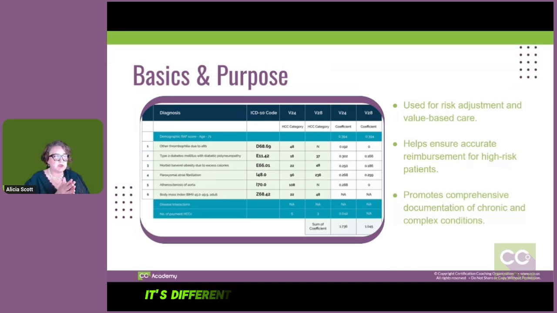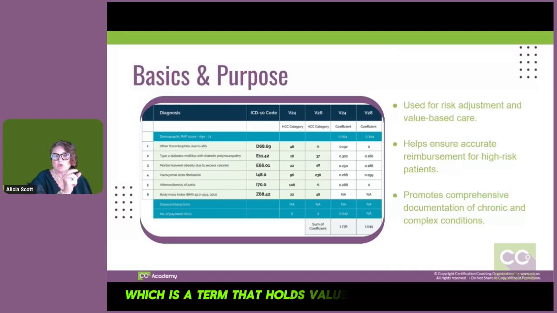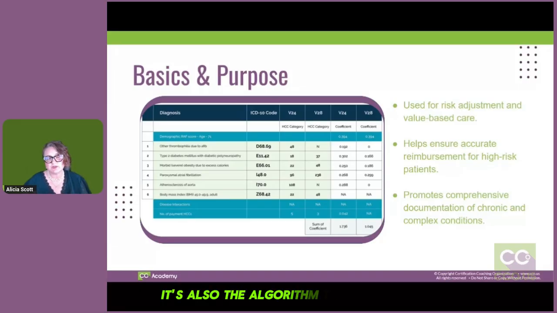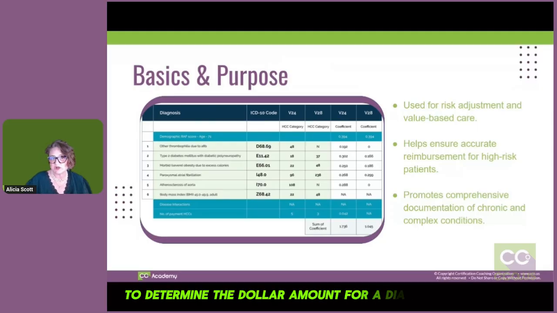It's different. So it's not just the HCCs, which is a term that holds value to a diagnosis in a category. It is more than that. It is also the algorithm that they use to determine the dollar amount for a diagnosis.